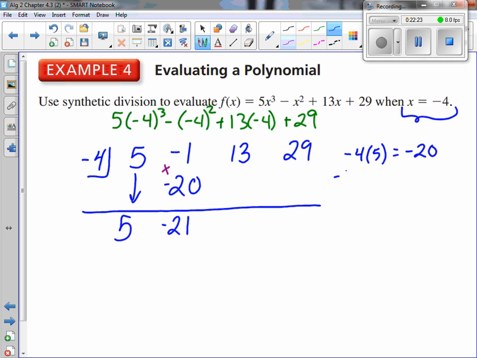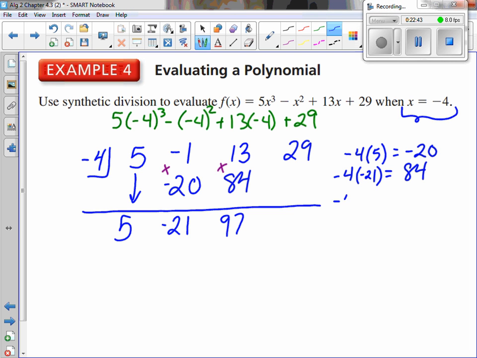We added, now we're going to do -4 times -21, which would be positive 84, yes? Add these. I did positive 97, yes? Then we'd multiply again, -4 times 97. Well, that'd be 8, carry the 2, -388.